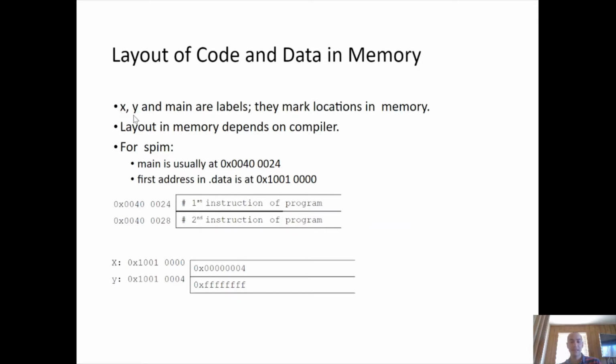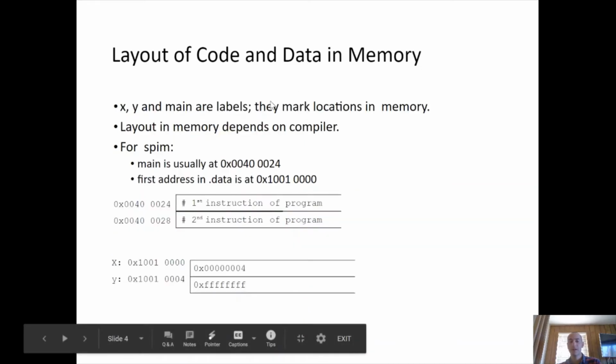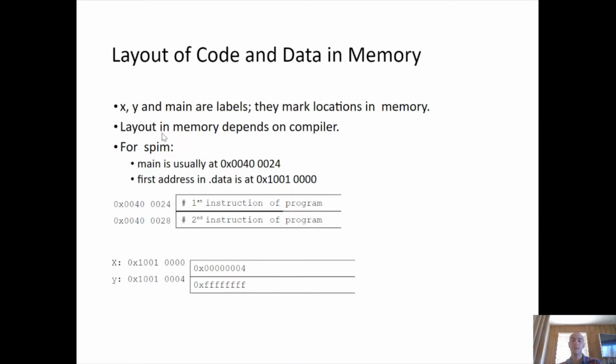As we talked about before, this x and y are basically labels. It is the same as main and, let's say, exit that you had. They are all pointing someplace in the memory. So what happens when you load your program?